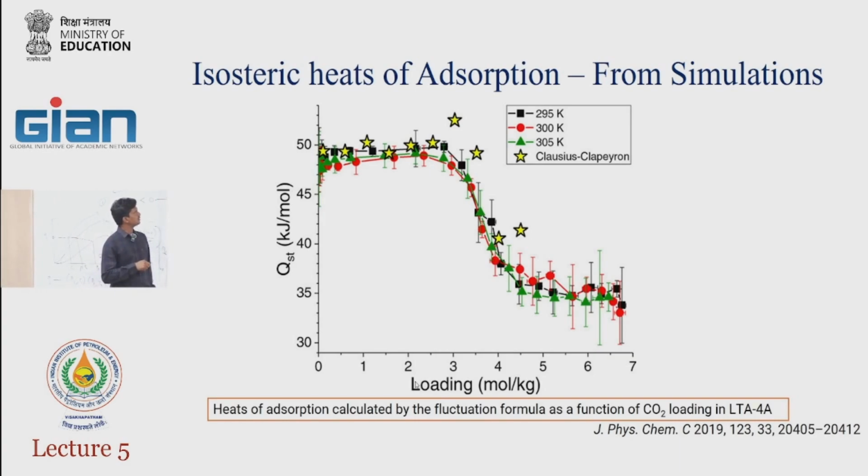And then here, at 295, 300 and 305 K, different temperatures, the isosteric heats of adsorption were calculated using the fluctuation formula from the simulations. So you can see they are all very well in line. This is the heat of adsorption in a zeolite, which we discussed, which is around 40 kilojoules per mole.